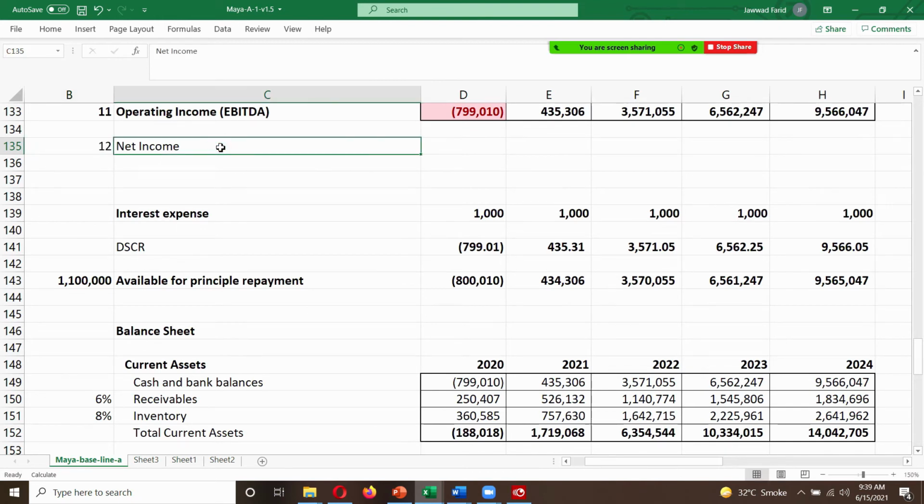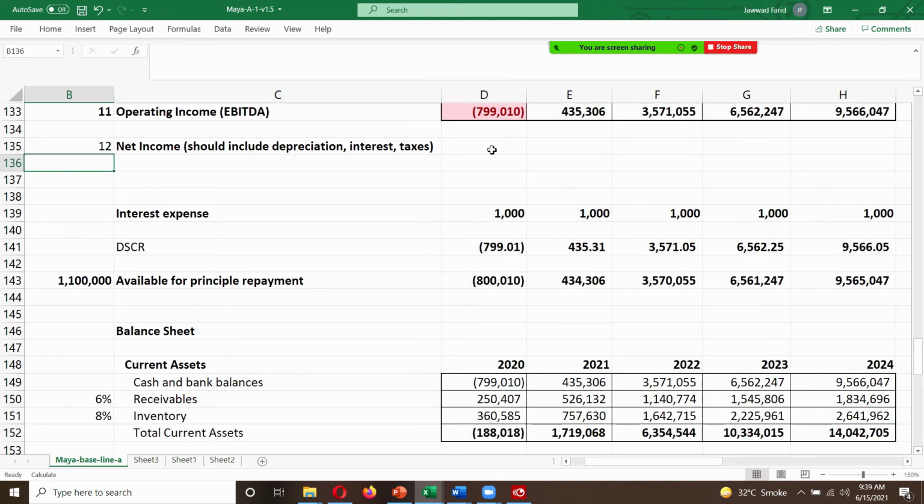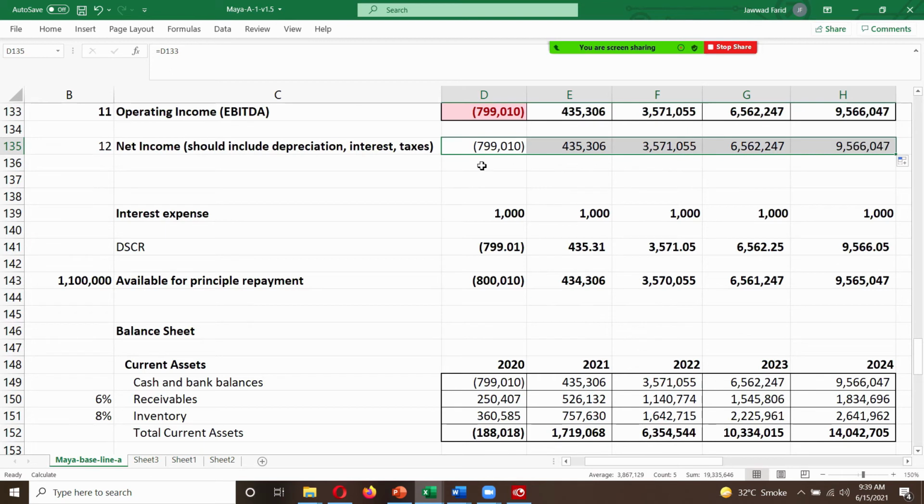This net income generally should include depreciation and interest and taxes. But for the time being, we're just going to use it as is, and we'll fix this a little later when we come back to fix the model. So I'll just use this net income figure as is, and this is the figure I'm going to use for my calculations for equity.